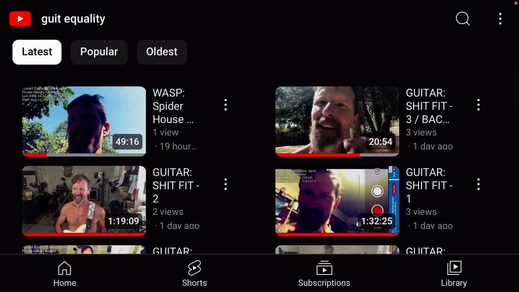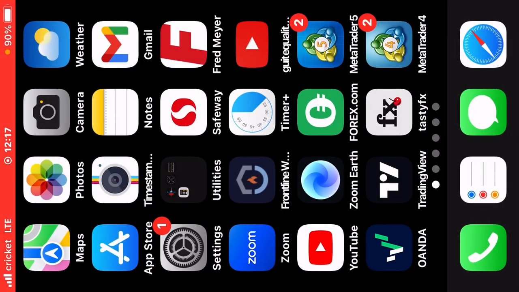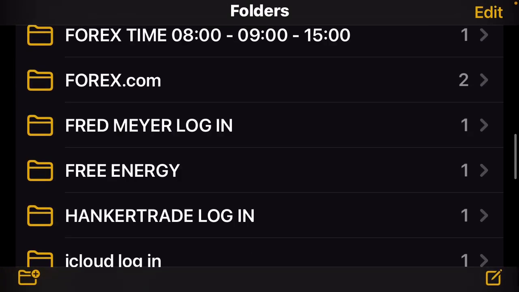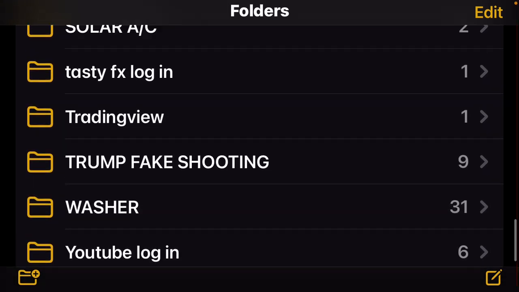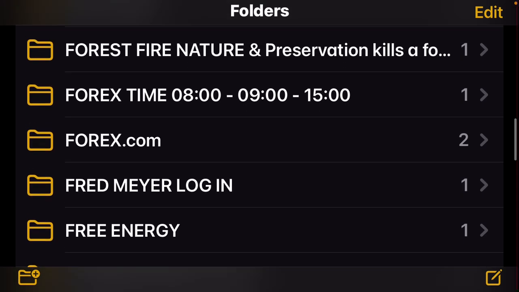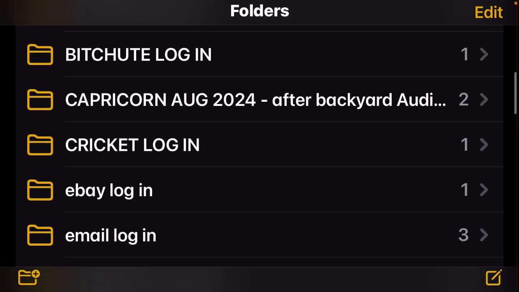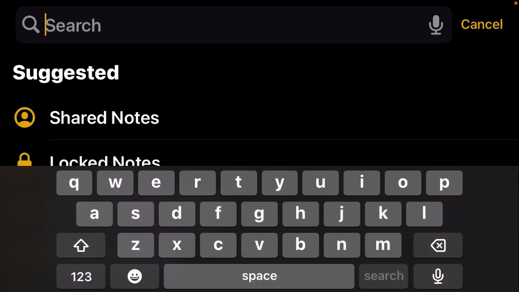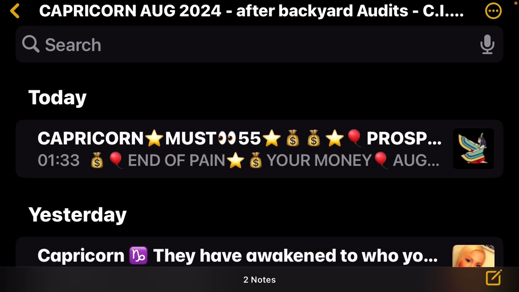All the information that's coming out of these audits correlates with these astrology reports here. Capricorn, that would be under C. All these Capricorn after backyard audits, after the brother Shabang, there were all kinds of new revelations with these backyard audits.